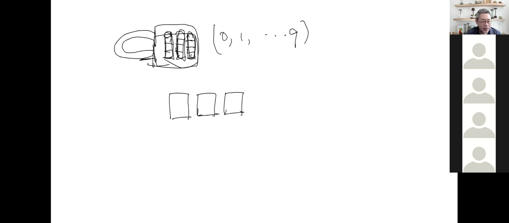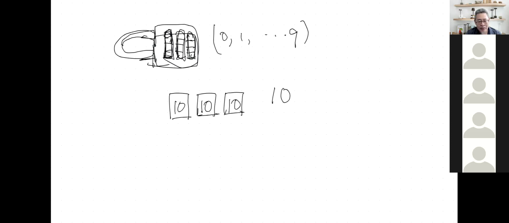Think about it: in a combination lock, each wheel will actually have 10 digits, 0 to 9. So for the first wheel, the choice you have is 10. The second one also has 10. The third one also has 10. According to the fundamental counting principle, we got 10 times 10 times 10.